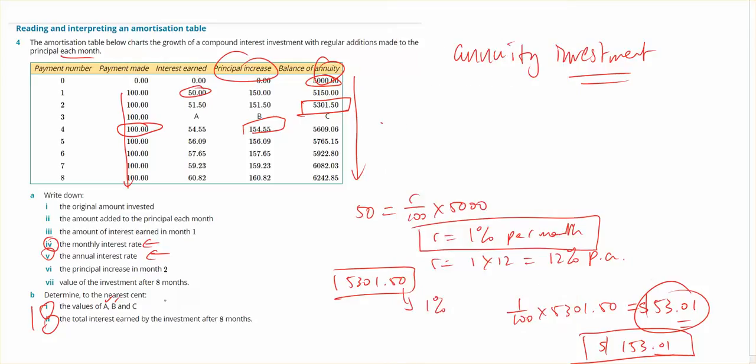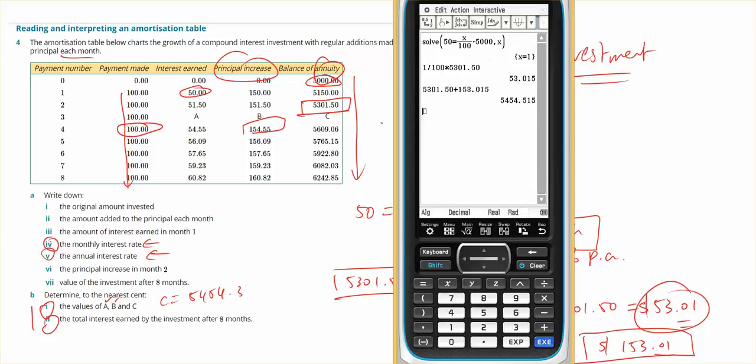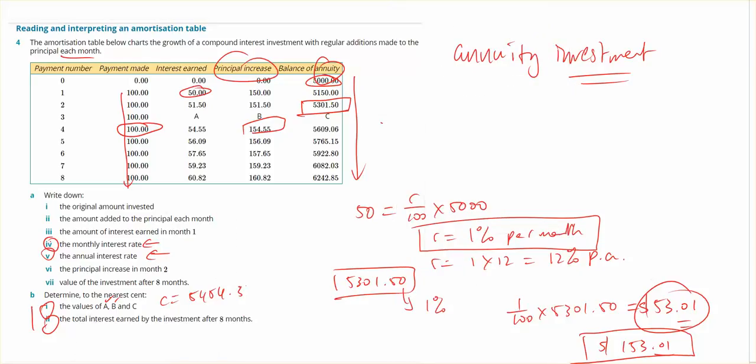Okay, so my C value is $5454.52, because this is the amount I increased the account by for this month, so I added to the previous total to get the new balance.